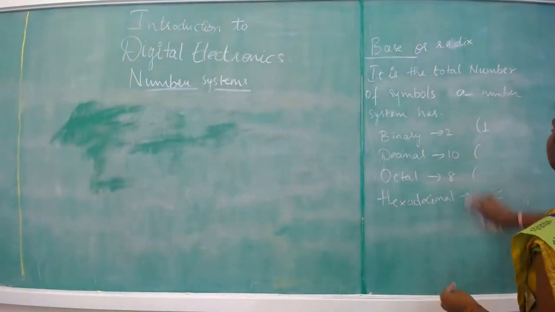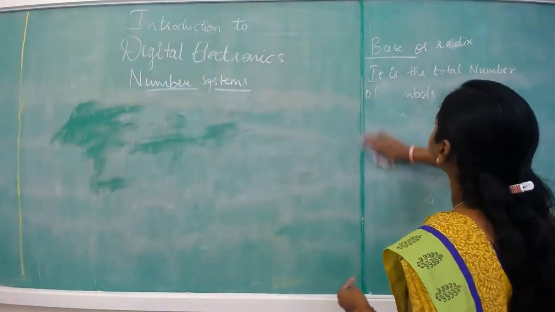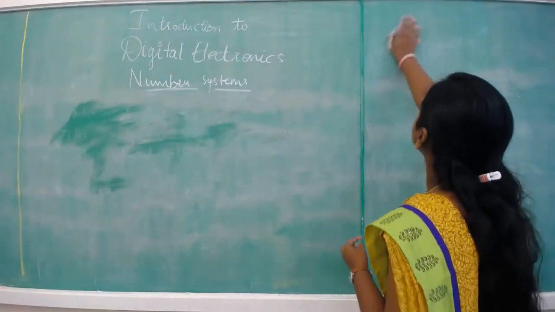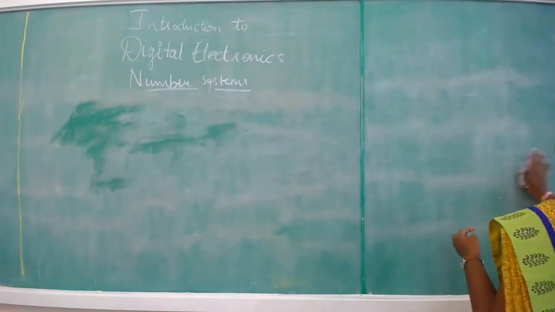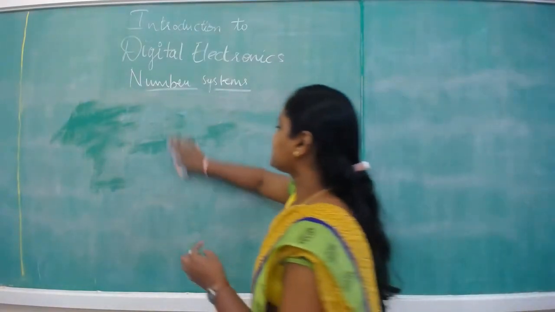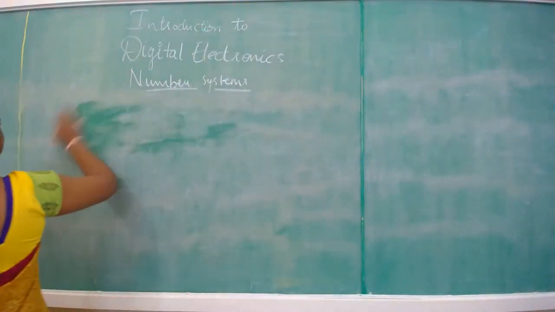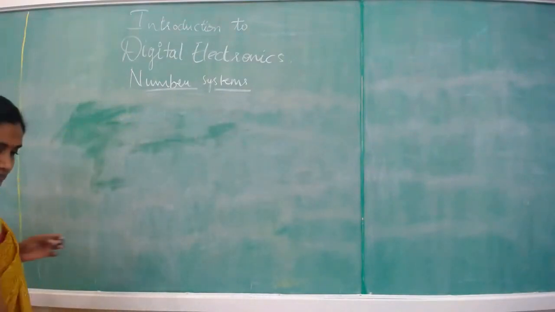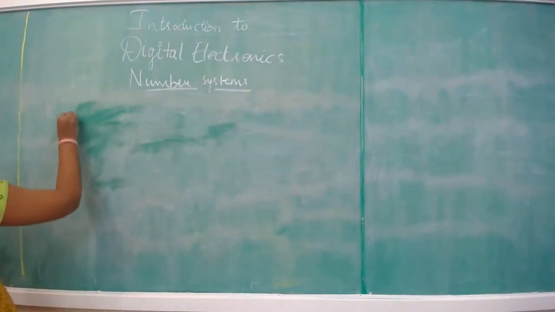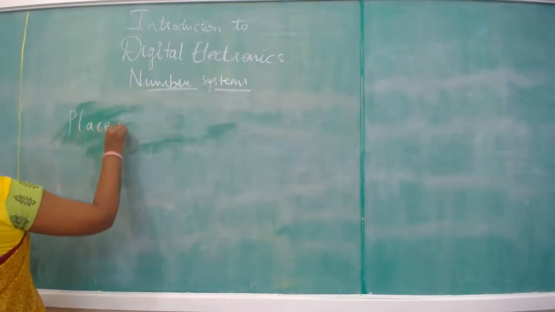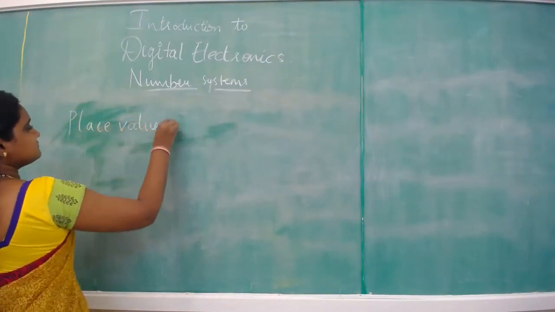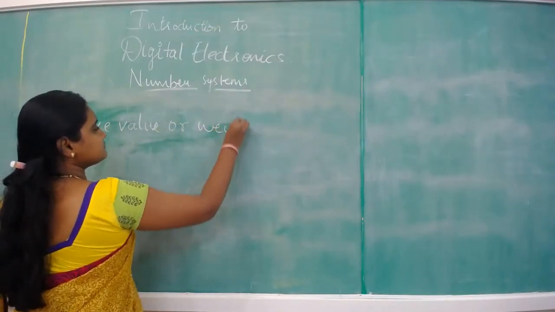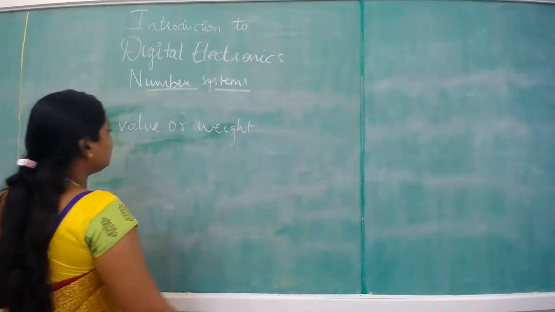Okay. The next definition is the place value, otherwise weight.